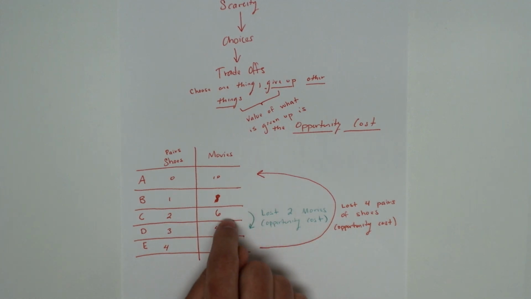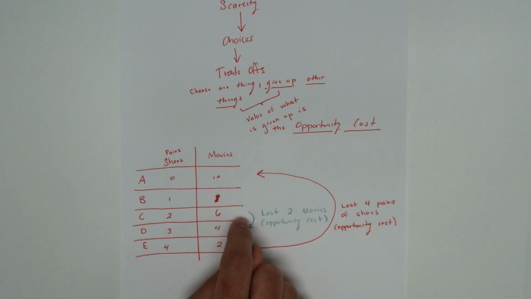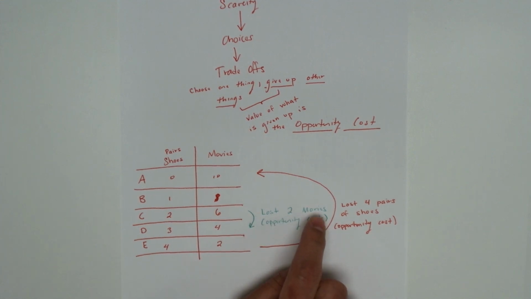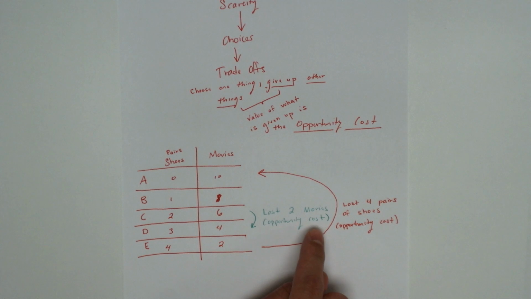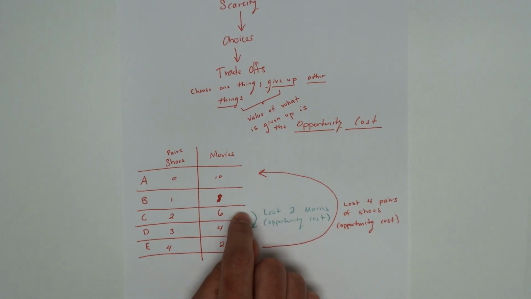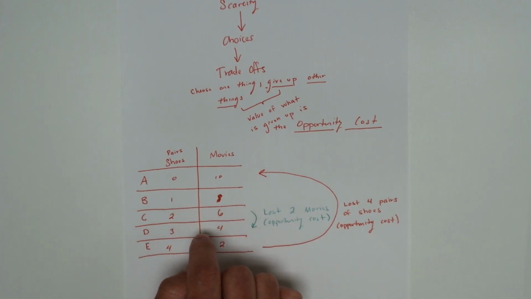So the amount of movies that I am losing by switching from 2 to 3 pairs of shoes is 2 movies. I'm going from 6 to 4 movies. So I've lost the ability or the opportunity to watch 2 movies. So this is my opportunity cost. This is how many movies I'm losing by making this choice.